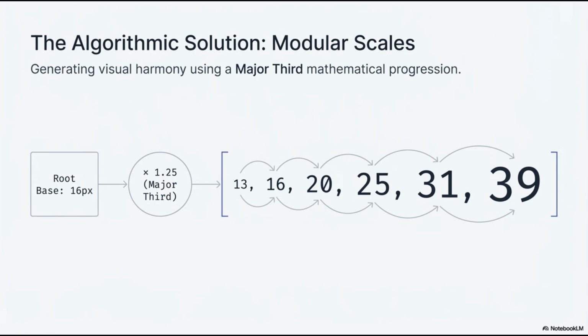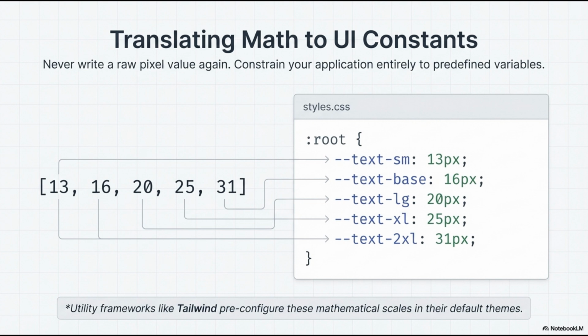The chaos is entirely eliminated. Because instead of infinite random integers scattered everywhere, your entire application is constrained to a predefined, strict set of variables. 13, 16, 20, 25, 31, and 39. Every single piece of text must map to one of those constants. This is where you leverage CSS custom properties. You define these mathematical outputs as variables in your root CSS file.